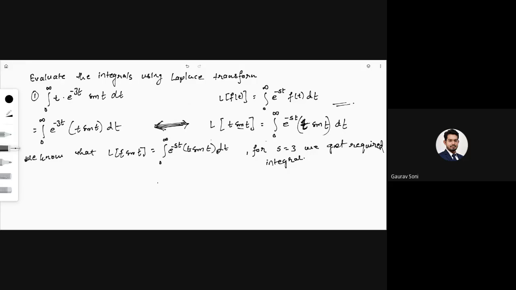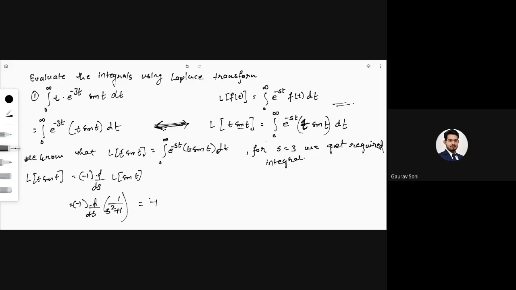So what do we do? We have Laplace of t sin t. There is multiplication, so derivative on the right hand side: minus 1 d by ds of Laplace of sin t. Laplace of sin t is 1 upon s square plus 1.